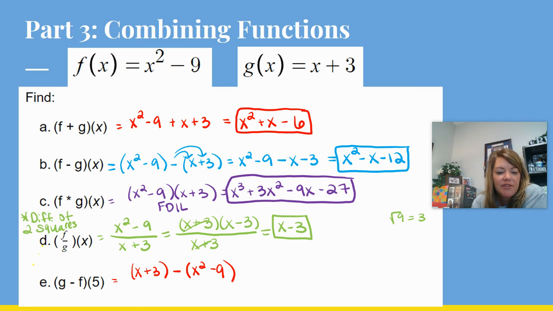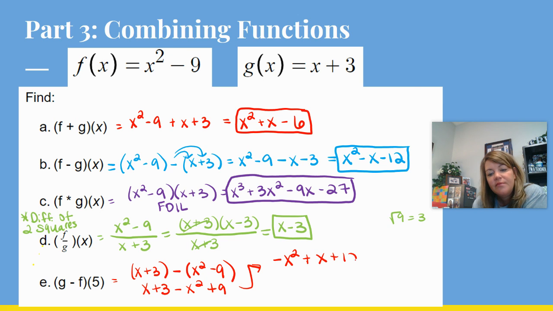When I simplify this, I get x plus 3 minus x squared plus 9. So that's negative x squared. I got to be careful when I plug in right there. Negative x squared plus x, and then 3 plus 9 is 12.